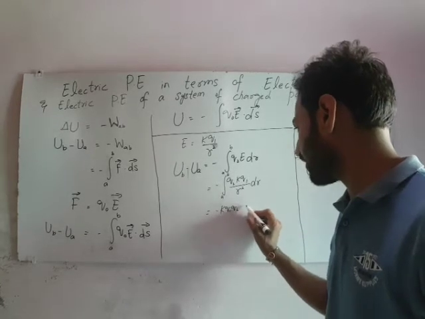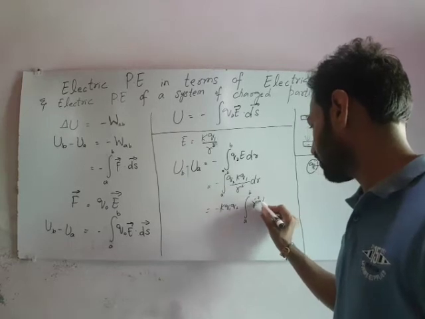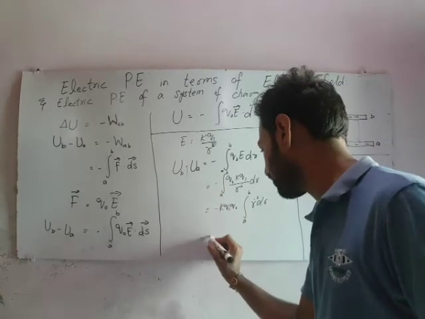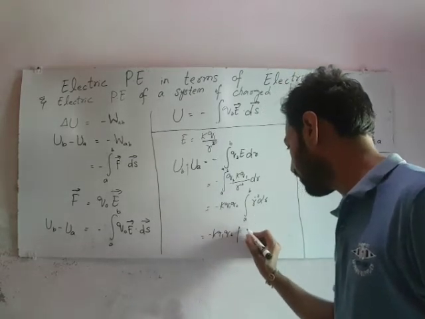Being constant, k q1 q2 can be kept out of the integral. After integration we will get minus k q1 q2 by applying the power rule.